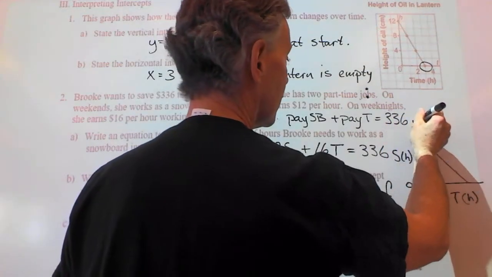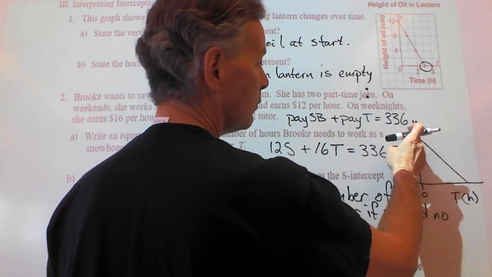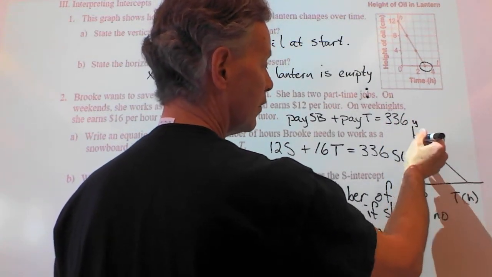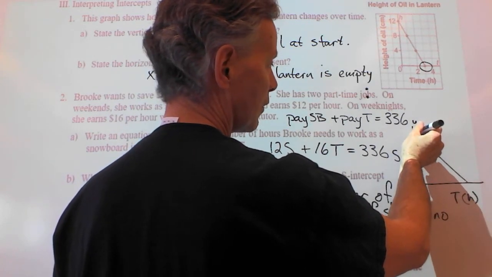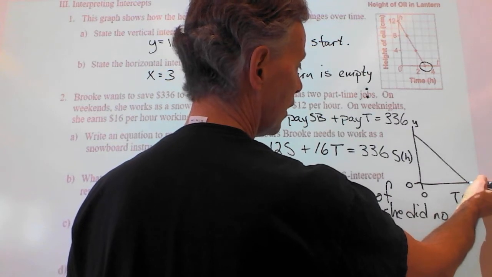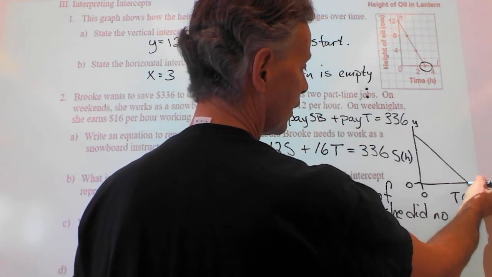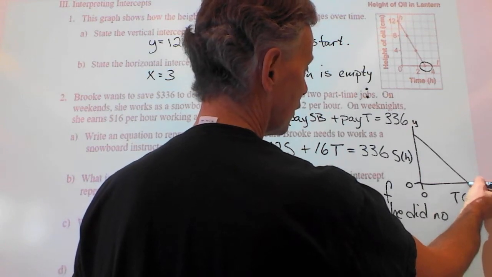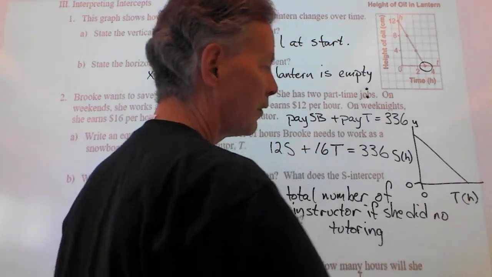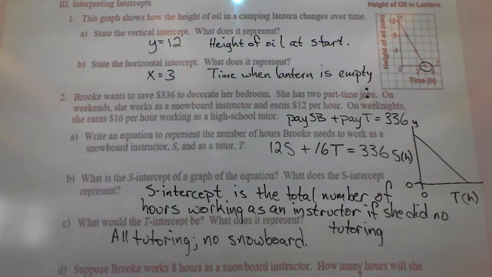At her y-intercept, that would be equivalent to 0 hours of tutoring, maximum hours of snowboarding. Down here would be the opposite. All tutoring hours, but as you can see, my y coordinate is 0 here, so 0 snowboarding. Okay? That one's a little tough.